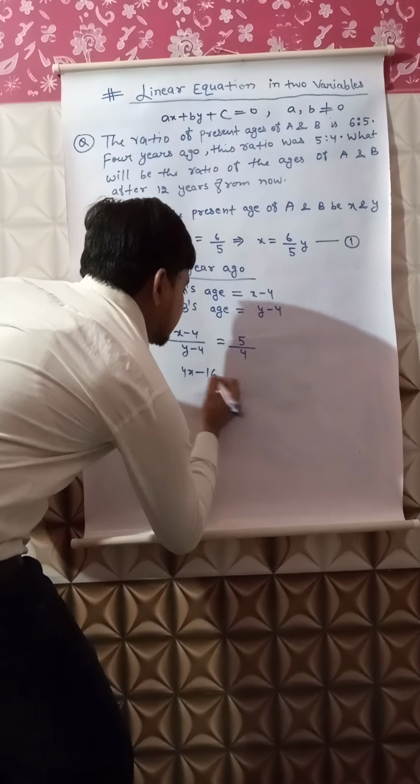So now we are going to put this x value into equation 2 to calculate x and y. We are going to put the x value of equation 1 into equation 2.